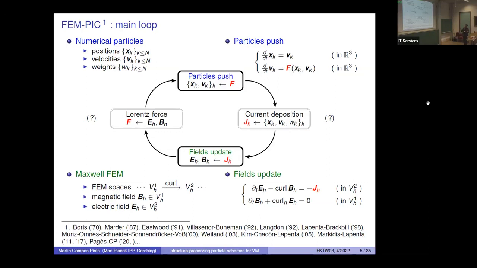So the difficult part is to couple the two different discretizations together in order to have this long time stability for the full nonlinear system.